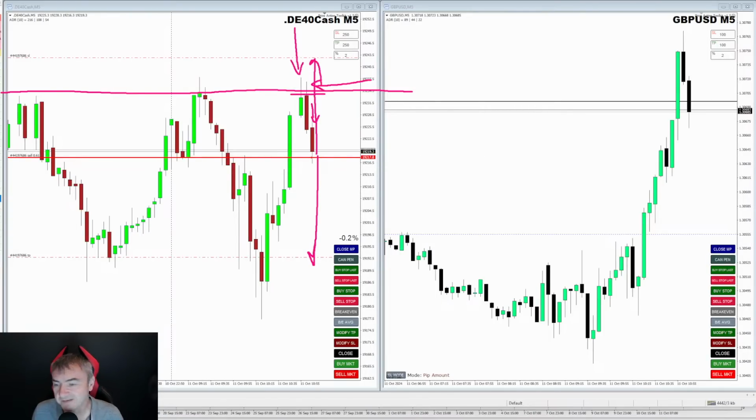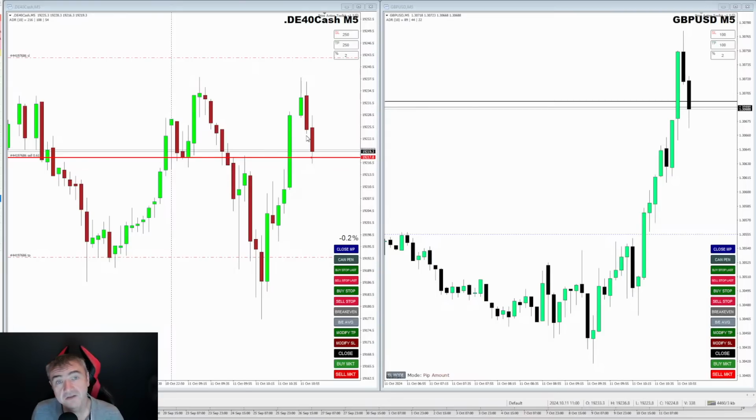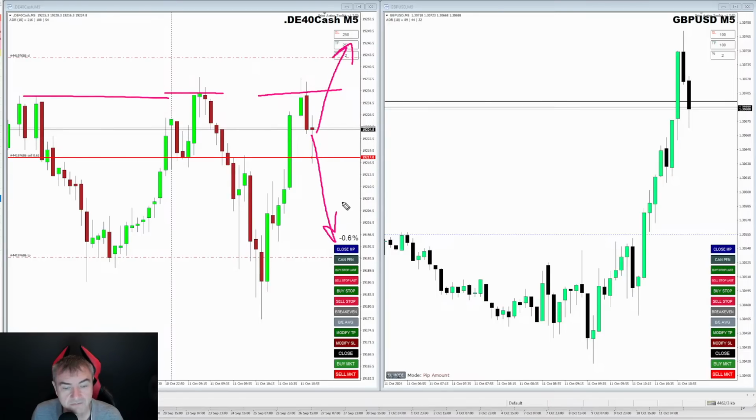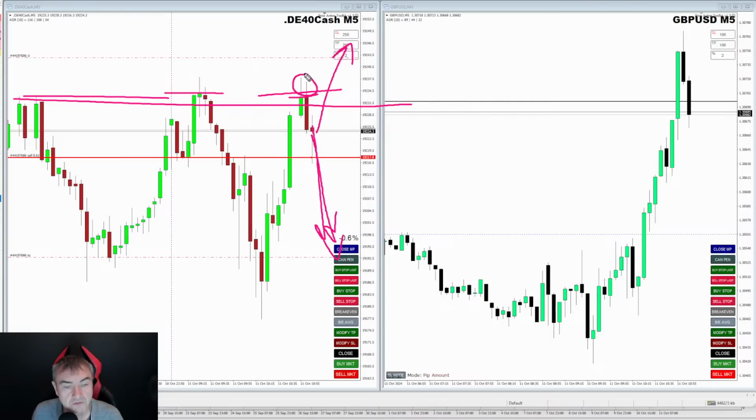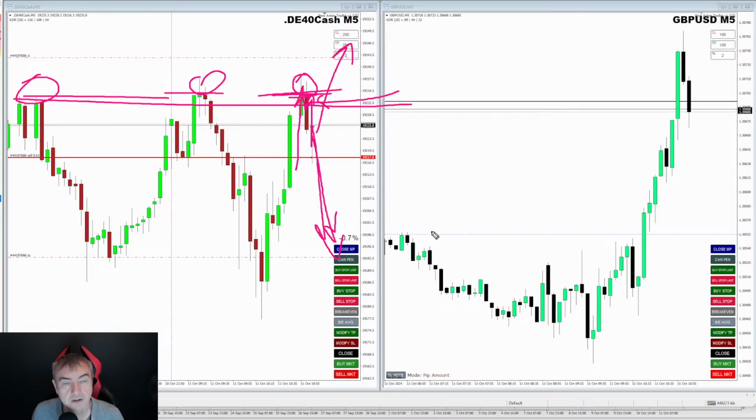Most of it's sitting on your hands until you see something that looks good. That looks good. Whether it works or not has got nothing to do with the fact that I've just seen this, because what happens next is entirely down to the market. But there is a high probability of it dropping, because there is rejection at a previous level, and we have the bears taking control and obvious exhaustion wicks to the upside.